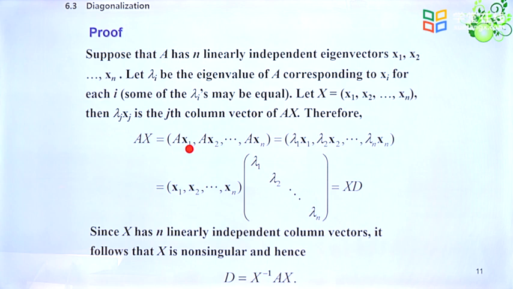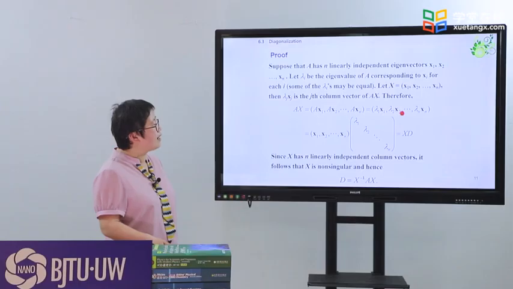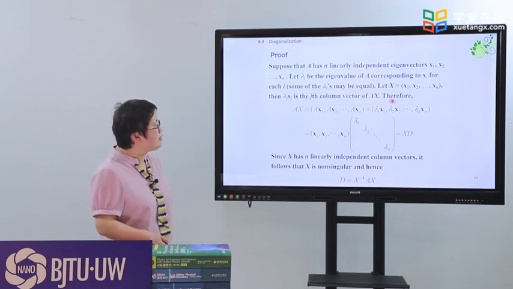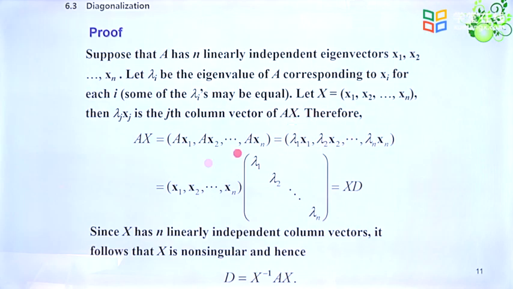Then because AX1 equals lambda 1 x1, AX2 equals lambda 2 x2, till the last one, AXn equals lambda n times xn. And this matrix we can write as the matrix X times the diagonal matrix D composed of the eigenvalues lambda 1, lambda 2, till lambda n.